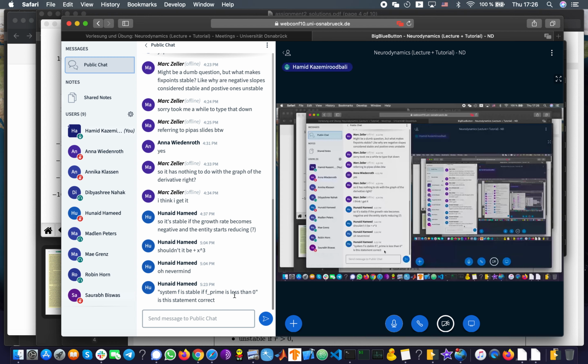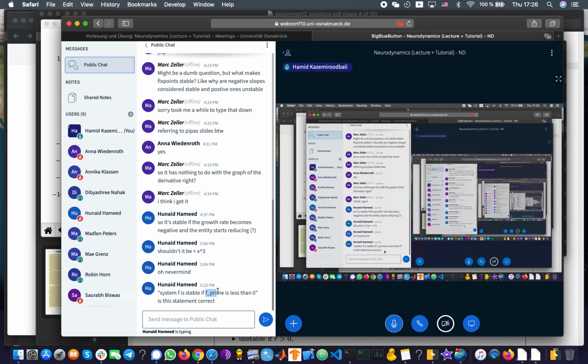In that range, because we calculate f prime at the fixed points, and if f prime is less than 0, that fixed point of the function f is stable.